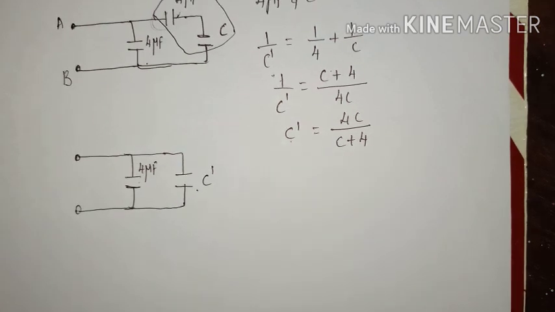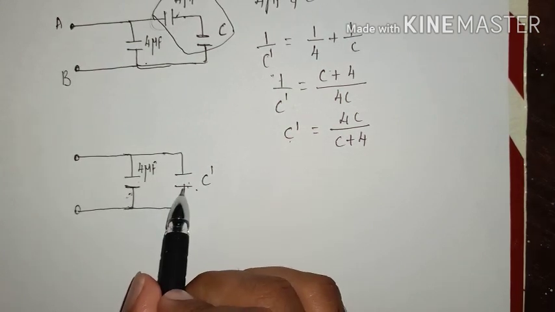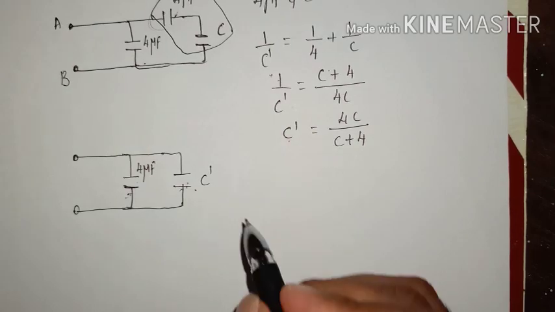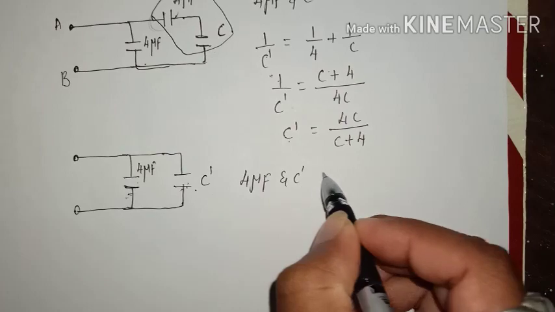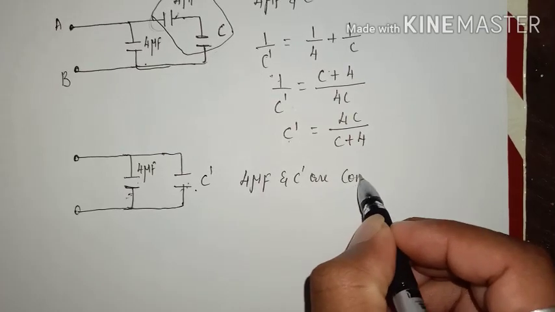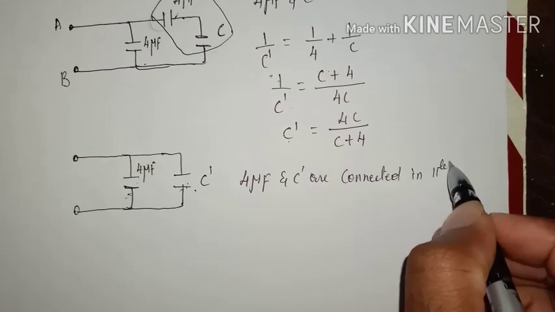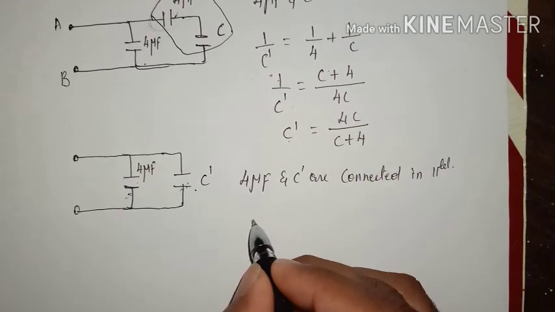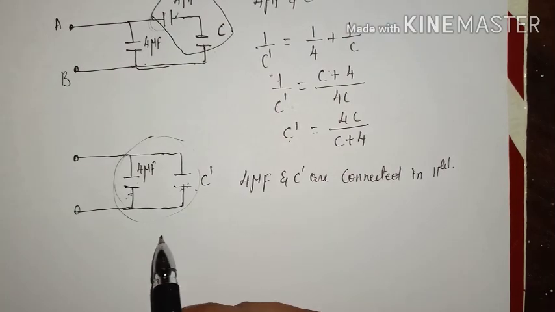And now observe carefully. These two are connected in parallel. So here I can write it as 4 microfarad and C dash are connected in parallel. If it is parallel, what will be the equivalent capacitance of this one?